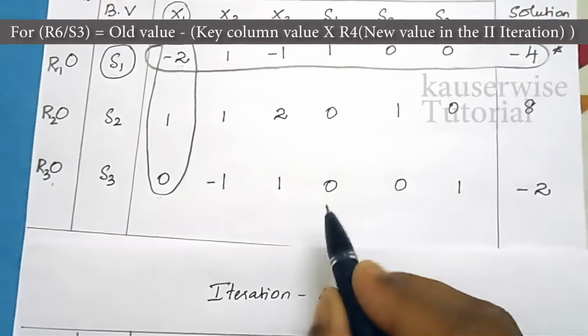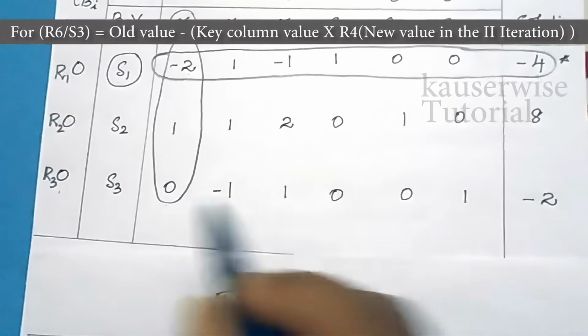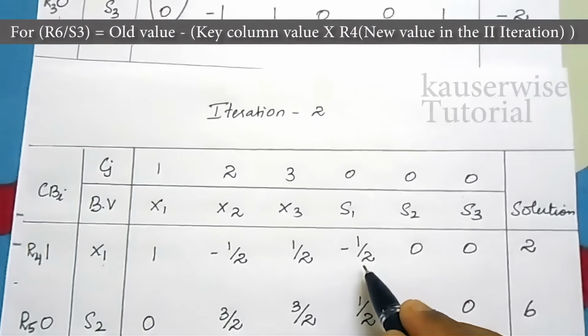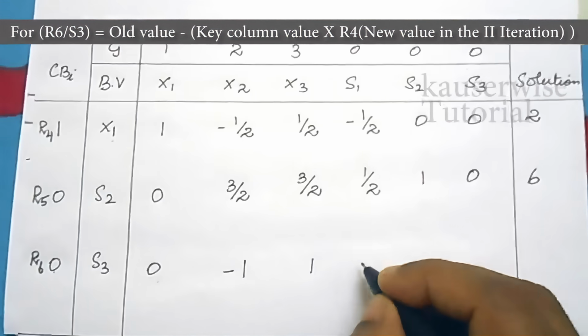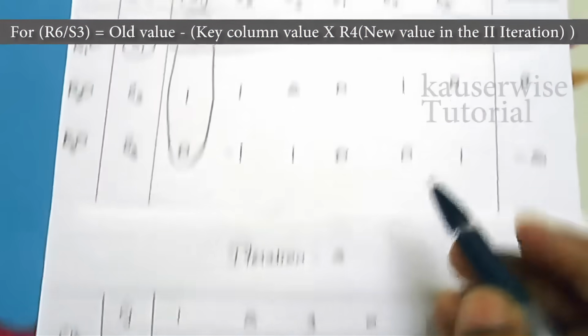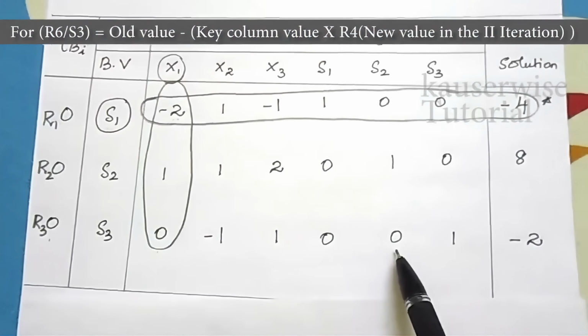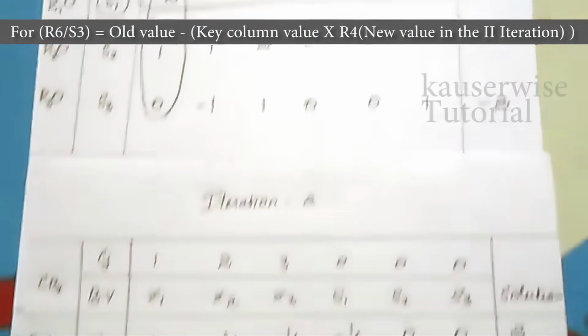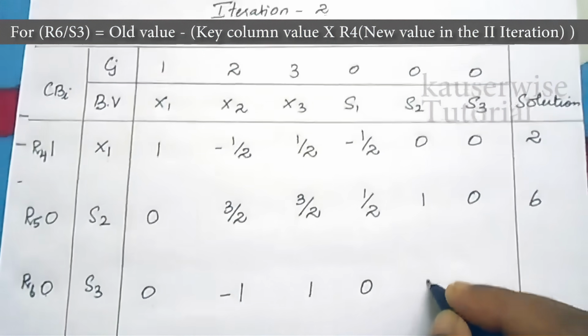See the next one. The old value is 0 minus key column value is 0 into new value is minus 1 by 2. The answer is 0. For the next one, old value 0 minus corresponding column value also 0 into new value 0. The answer is 0.